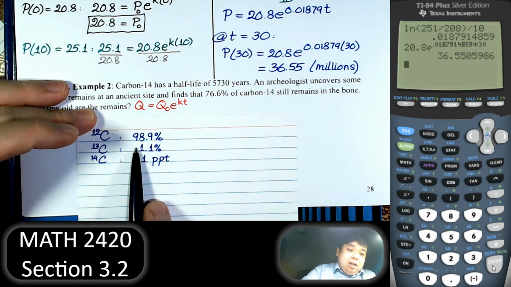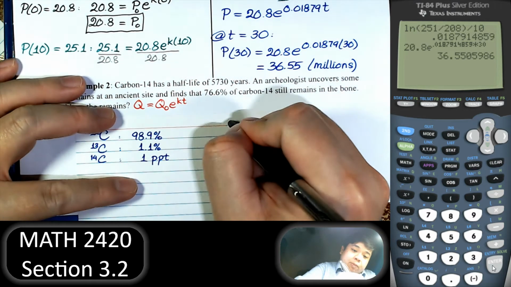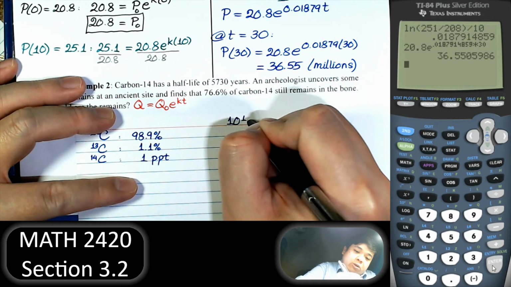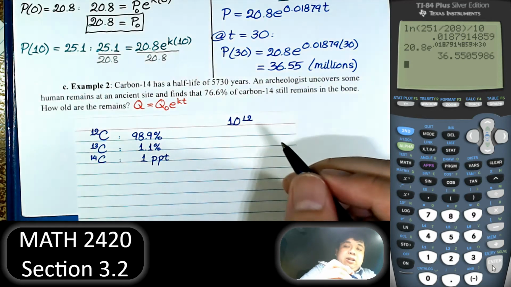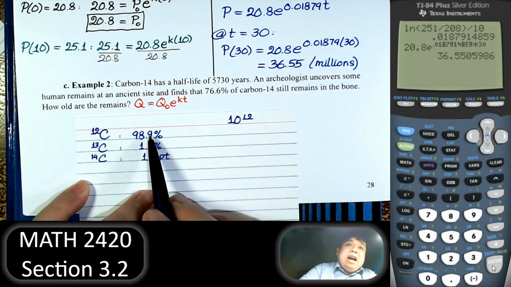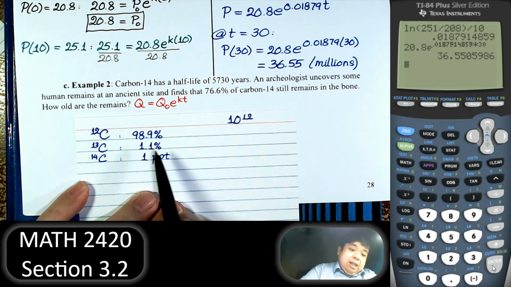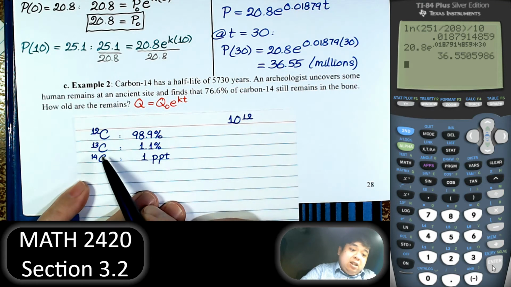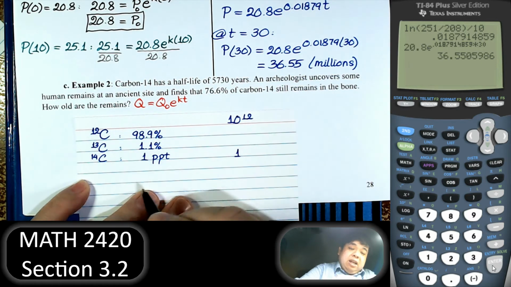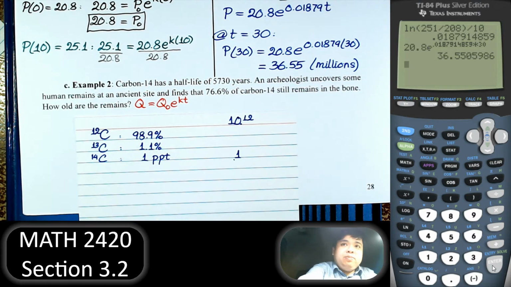If we have, for example, 10 to the 12 atoms of carbon, then 98.9% of them is carbon 12, 1.1% of that is carbon 13, and only one of them is carbon 14. So there's 1 out of that many.